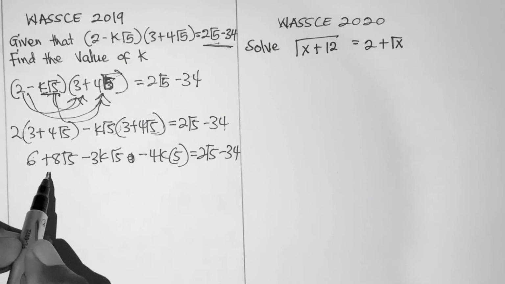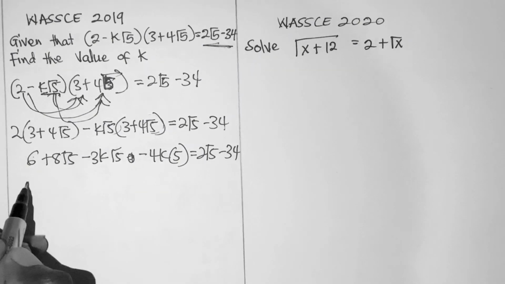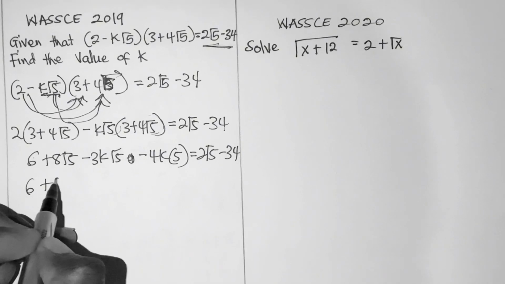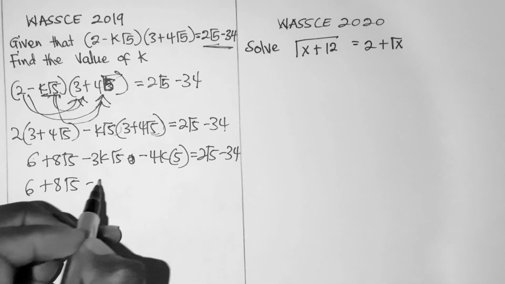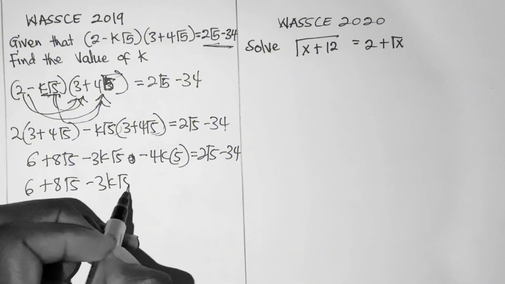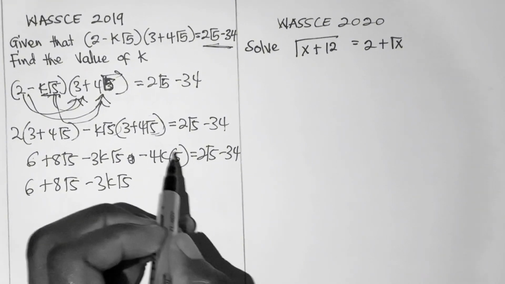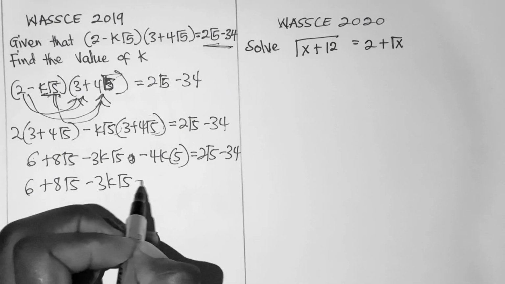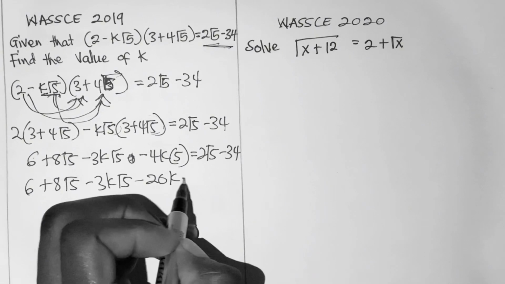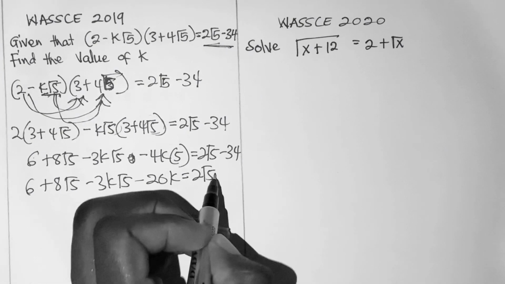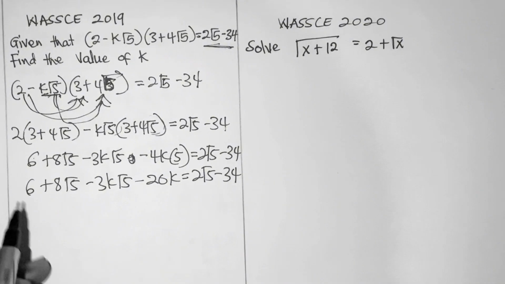So now let's simplify further. We have 6 plus 8 root 5 minus 3k root 5, then minus 4 times 5 is minus 20, so minus 20k equals 2 root 5 minus 34.